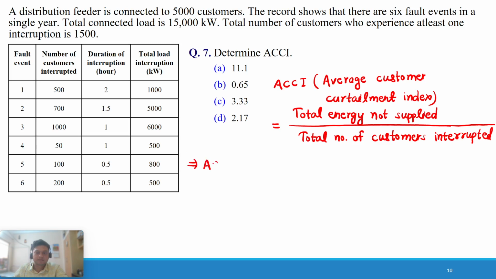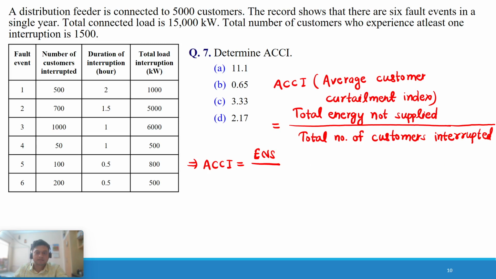Therefore, ACCI is total energy not supplied, denoted as ANS, and total number of customers interrupted, that is affected, denoted as CN. A customer may have multiple interruptions but we will count once only.